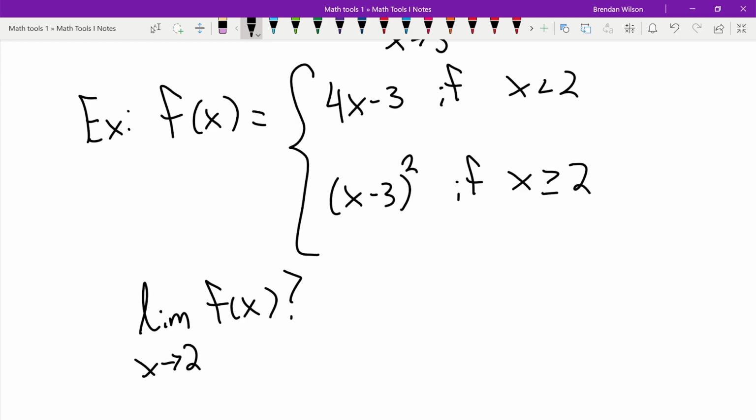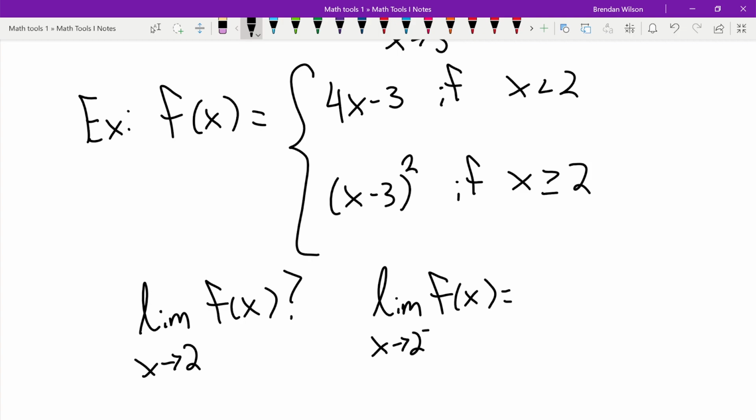So in order to do that, 2 is the transition point of this function. It's where we are going from this part of the function to this part of the function. So we should check the left and the right hand limits. So first, the limit as x approaches 2 from the left of f of x.